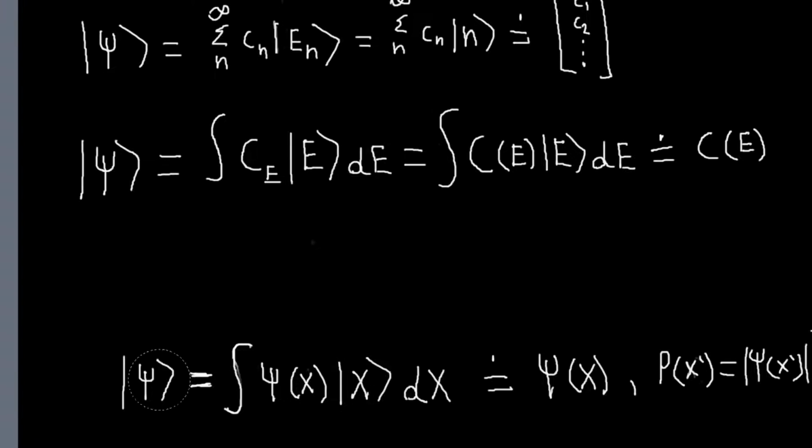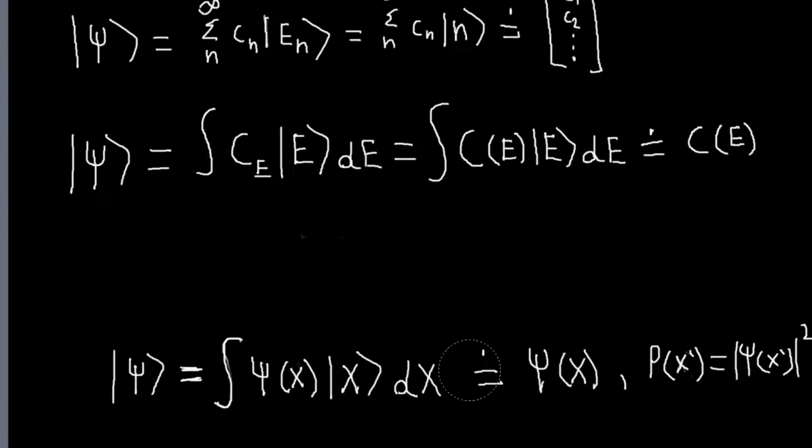So I need to write my state vector as an integral over these position eigenvectors. And again, position is a measurable quantity, so of course there's an operator corresponding to that quantity, and there are eigenstates of that operator.